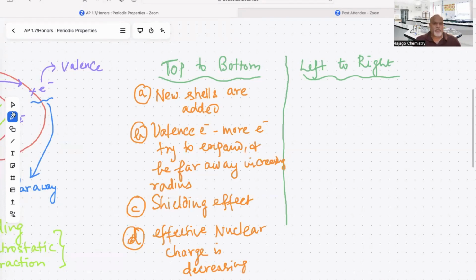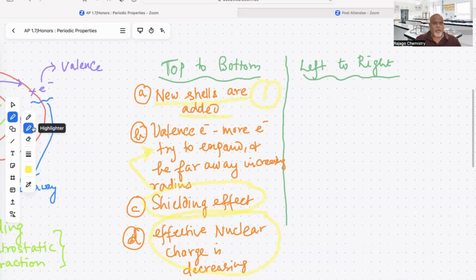So what is the consequence here? The most important thing is that new shells are added first. That is the primary thing, the first important one. The second thing is the inner electrons are creating the shielding. So that reduces the effective nuclear charge, by which the valence electrons are trying to fly as far away from each other, so expanding the radius. So these are the correct answers that you have to get.